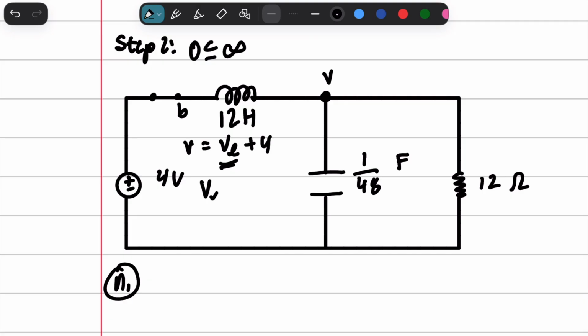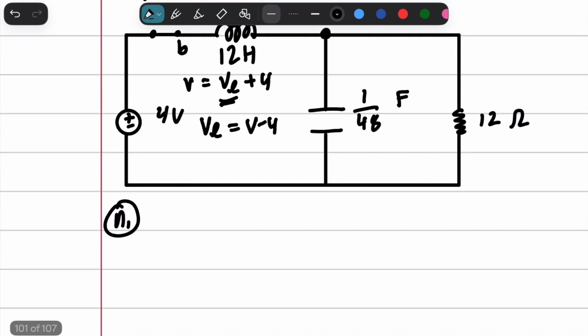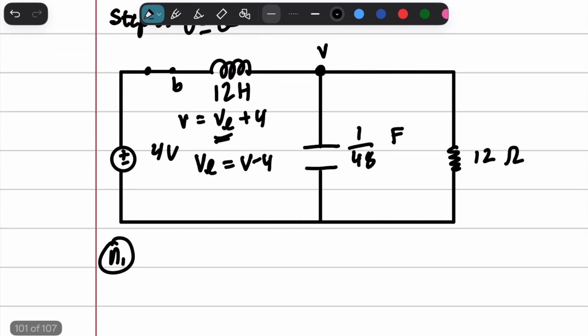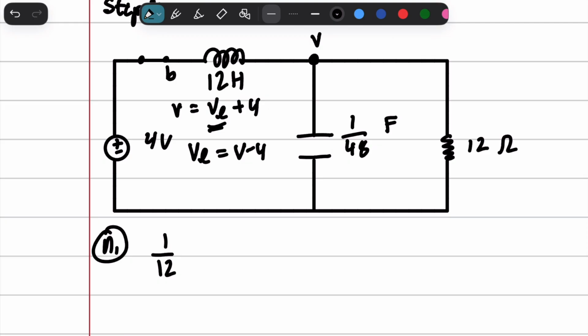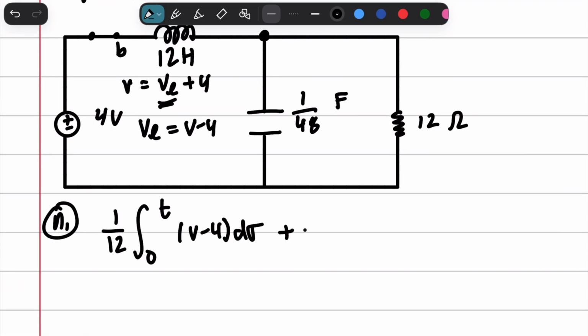So we're going to say VL is equal to V minus 4. So we will have 1/12 integral from 0 to t of (V minus 4) d sigma, plus I sigma.